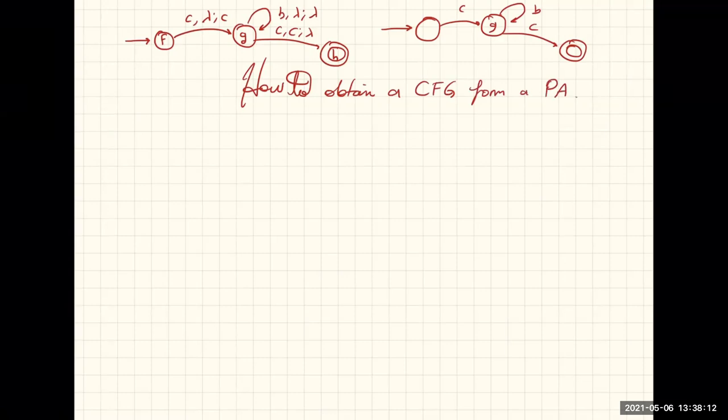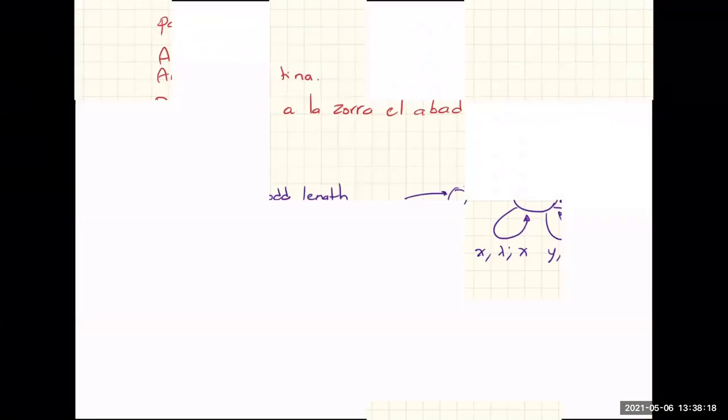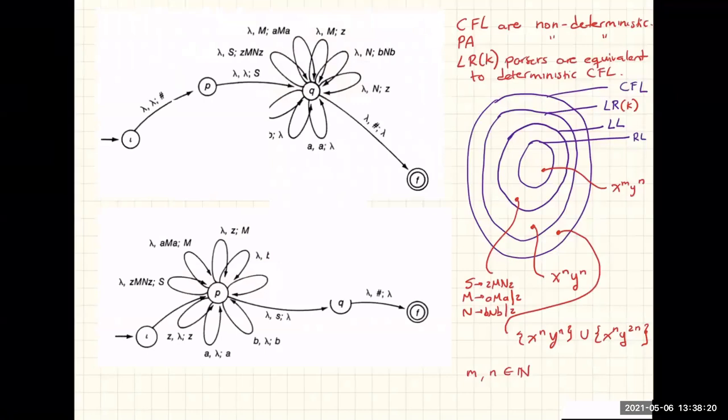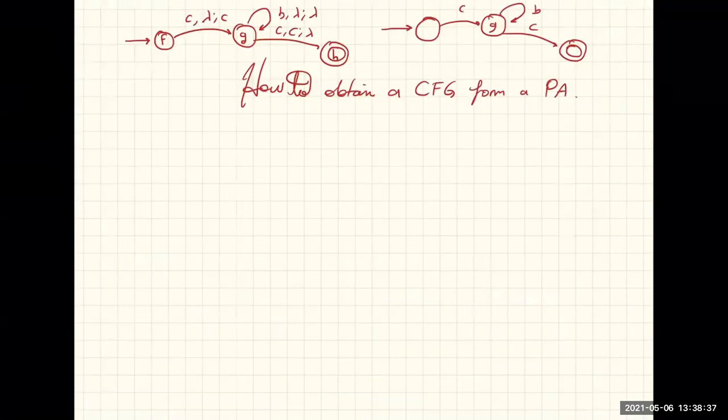So we began this class by showing how easy it was to do the reverse thing. In this case, these two diagrams. I think it's pretty straightforward to just take a grammar and draw a flowchart. However, the reverse, obtaining the context-free grammar out of a push-down automaton, is not so straightforward.